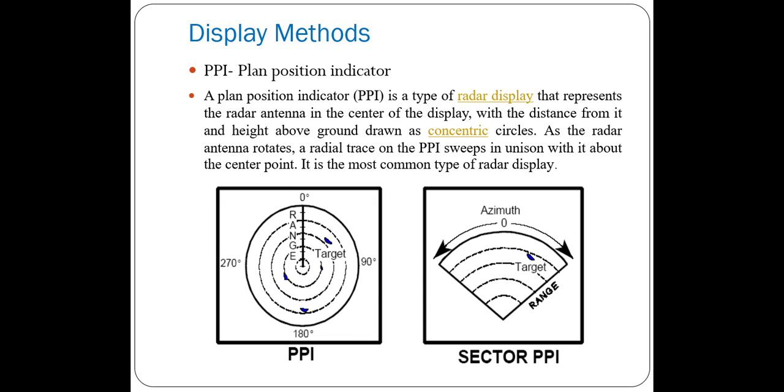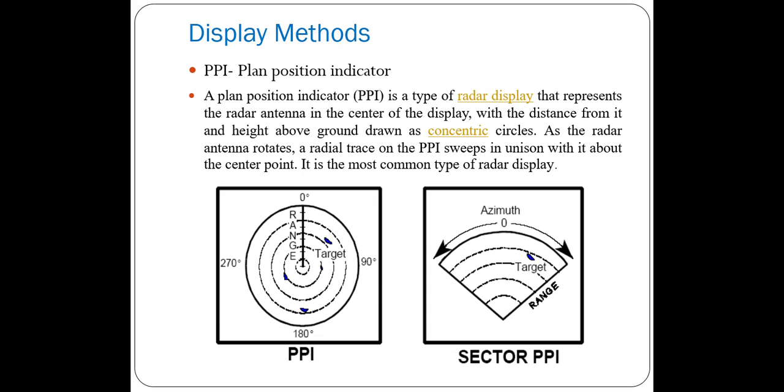So here the demodulated echo signals from the receiver are applied to the grid of the CRT, which is biased slightly beyond cutoff.